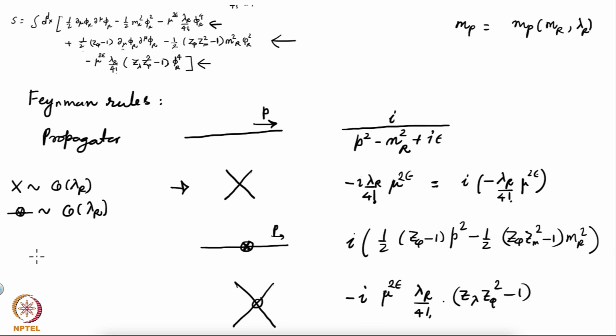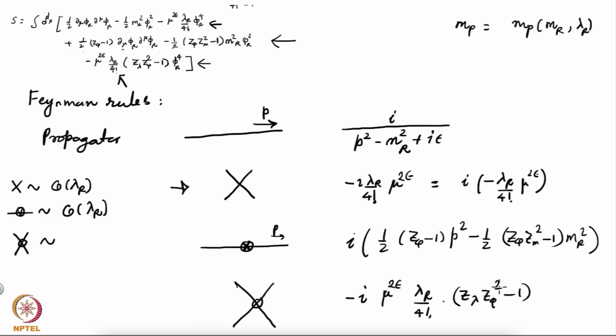Now let's look at this 4-point vertex which we have in this way of writing. Here it already has an explicit factor of lambda r, right? Then z lambda and z phi start at order 1. So z lambda z phi square, the lowest order term in this will be 1. So that 1 will cancel this one.